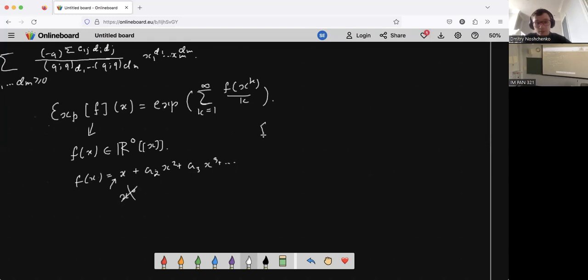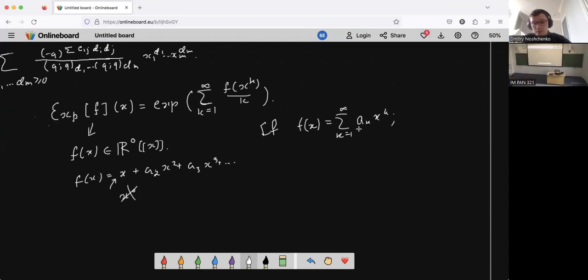Now if f of x is the sum over k of a_k x^k, as there was in this example, then the plethystic exponential acts in a nice way.